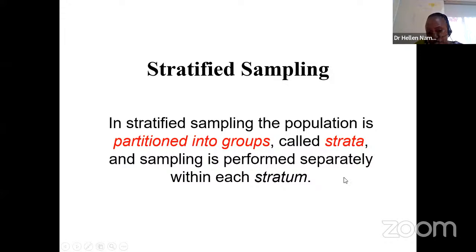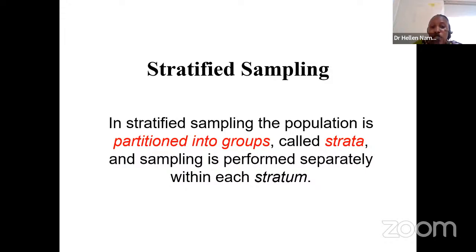And the sampling procedure is performed separately within each stratum. For example, let's consider gender, and you're looking at male and then female. So within gender, I partition into 2 groups.